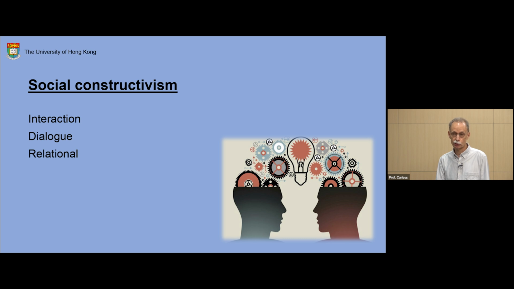So social constructivism holds that we construct new ideas through interaction and dialogue. And in addition, that these kinds of co-constructions of ideas are deeply relational, and that feedback is a relational endeavor, depending on a belief that one's interlocutor has one's own best interests at heart and is trying to support us in moving forward.